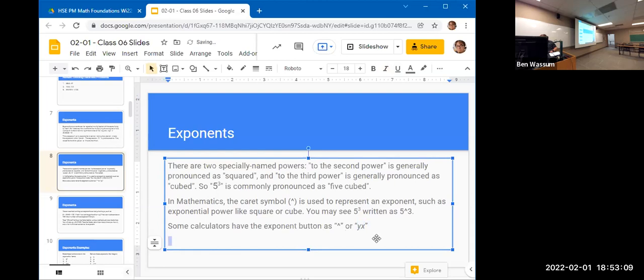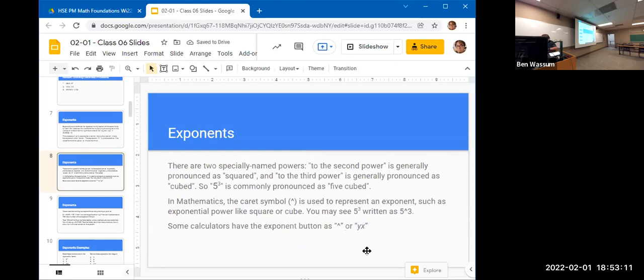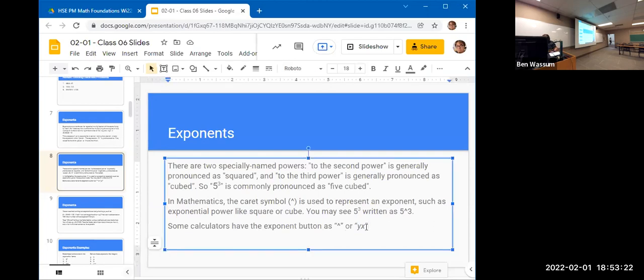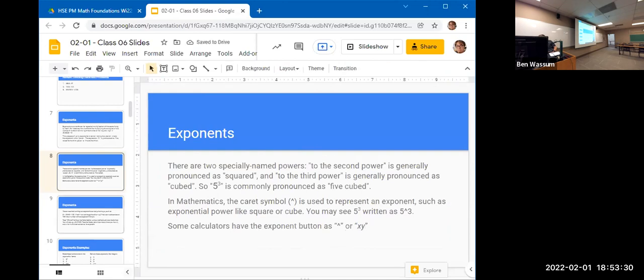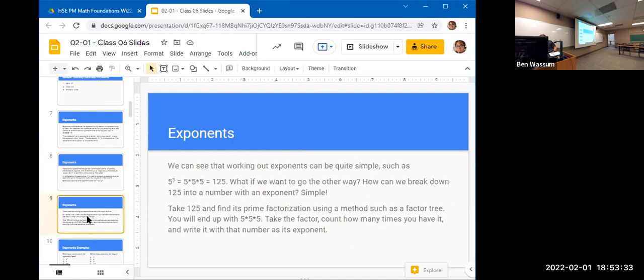I've seen that on a lot of calculators. So if you have a calculator with a button like that, a lot of times that's asking for an exponent. I forget if it's X^Y or Y^X. I don't have either one, nor have I ever. But it's a possibility. Okay.